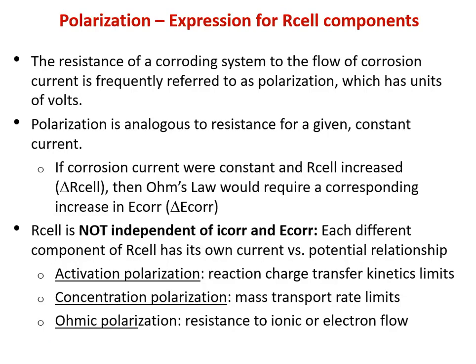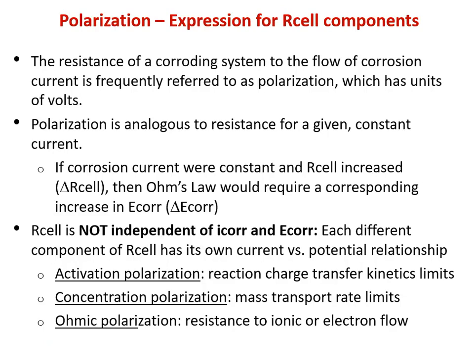So if I had a constant corrosion current and I was looking at the cell resistance and said, okay, I'm going to keep passing the same amount of current, but say I did something that increased my cell resistance. Well, Ohm's law would say, hey, you need a higher cell potential to continue to flow that same current, because V equals IR, or delta E corr equals I corr times delta R cell.